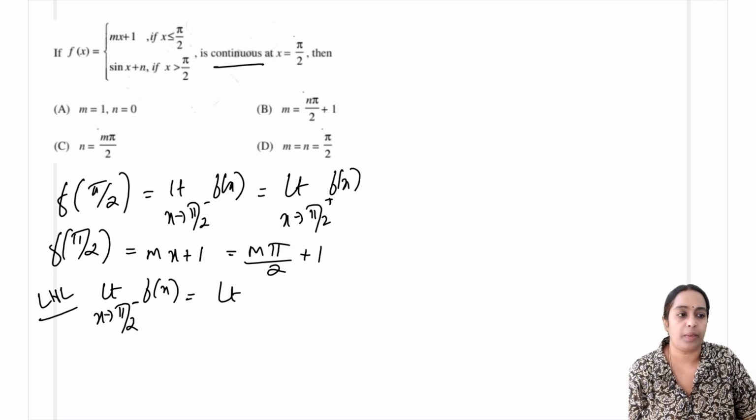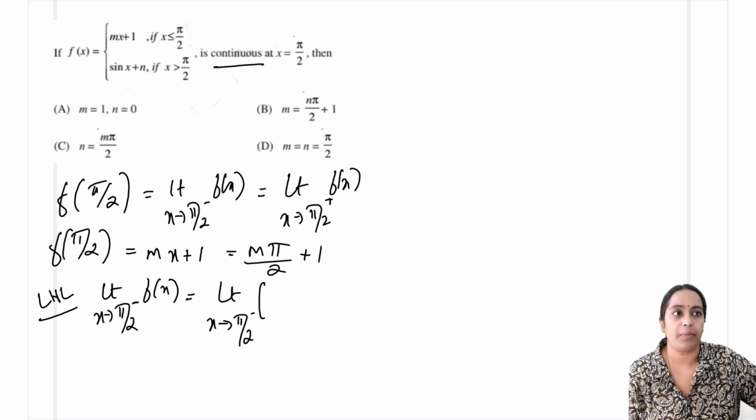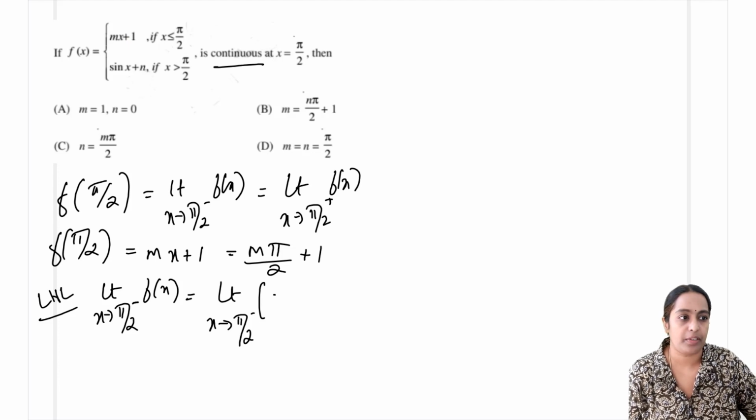For values of x less than pi by 2, the function is mx plus 1. Now I need to substitute the values, so it's going to be m pi by 2 plus 1 again.